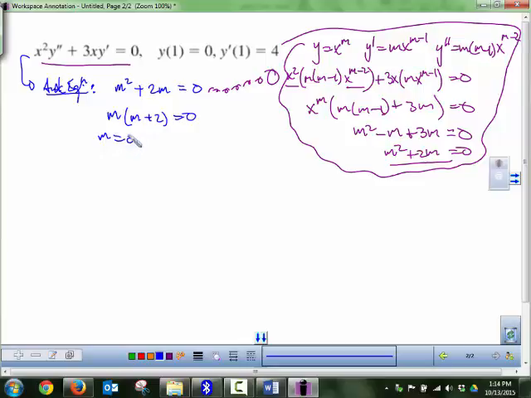So I got m is equal to 0 or m is equal to negative 2. So my two solutions are x to the 0 and x to the negative 2.